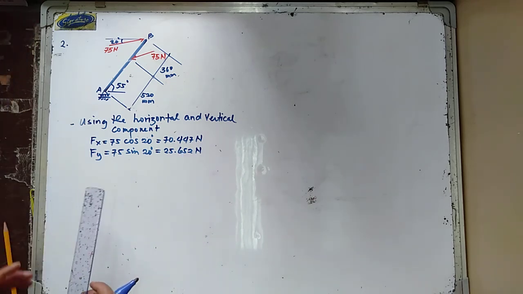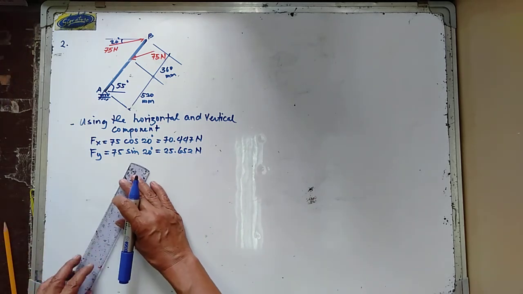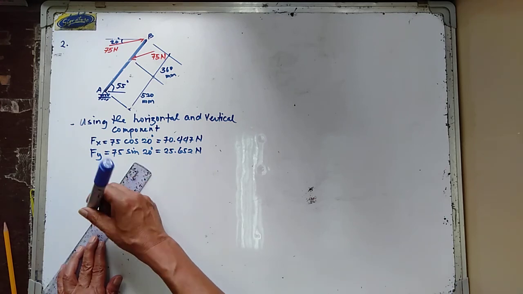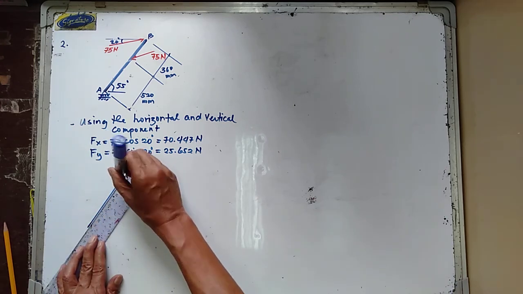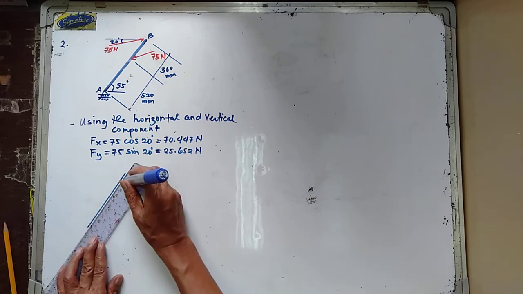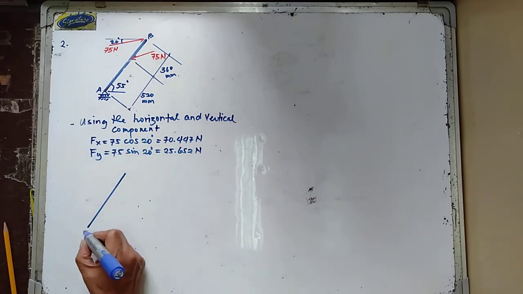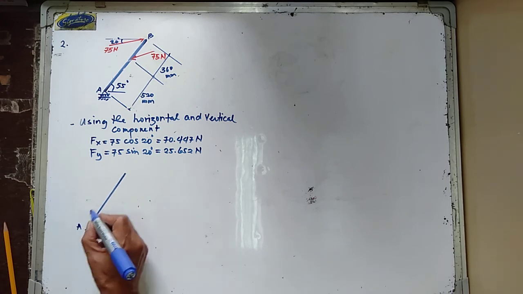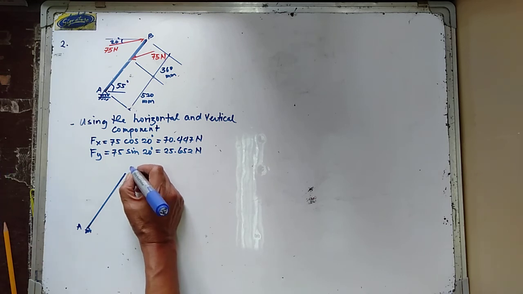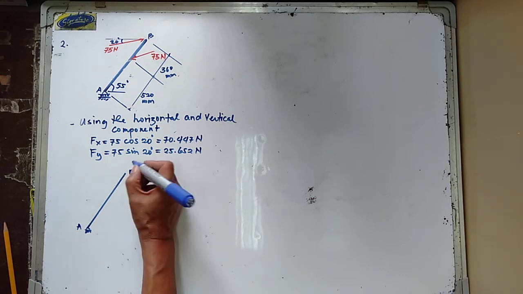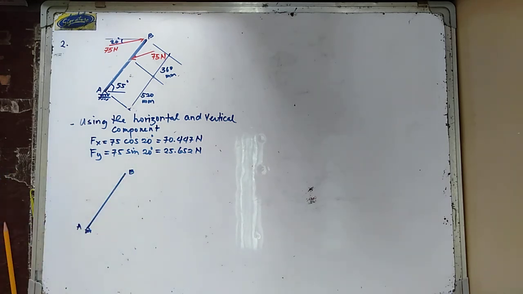Now, this is the lever, the length of the lever. So this is your A, and this is now your point B. Okay, so we have the components.